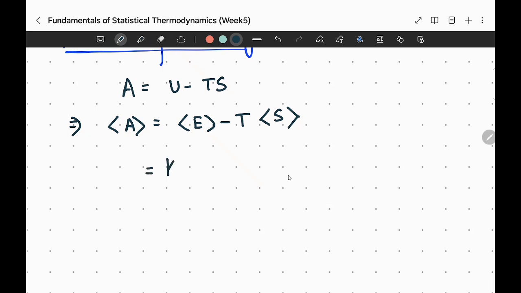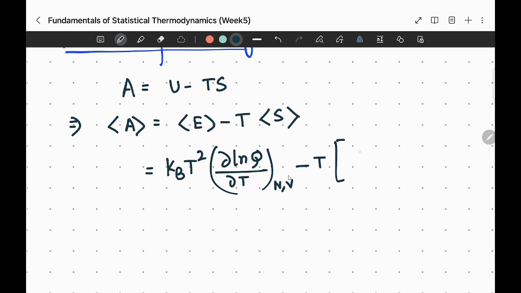So what is the E average? Value of E average is KB T square, then del ln Q del T at constant N, V. And what was this entropy part? KB ln Q, KB T ln Q. No, KB ln Q. KB or KBT?